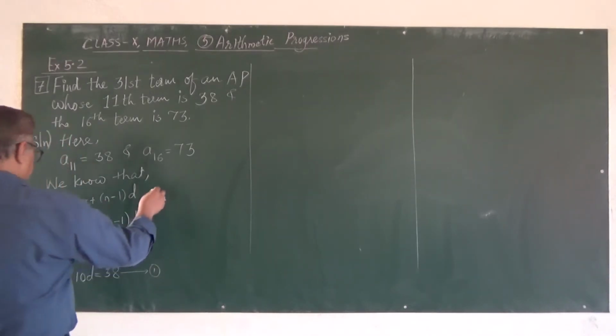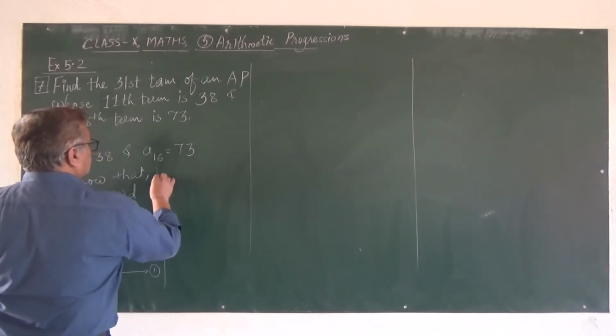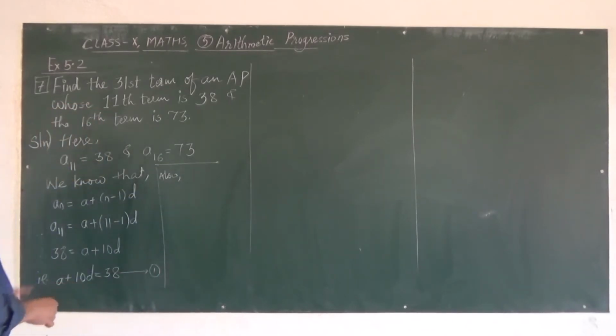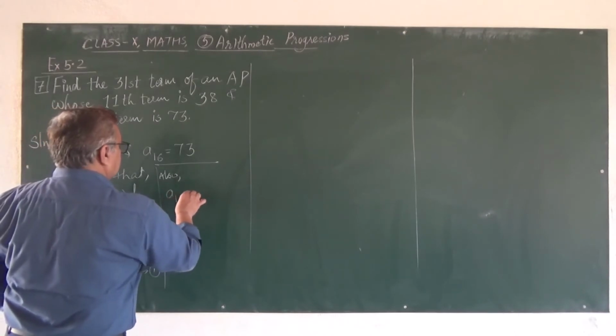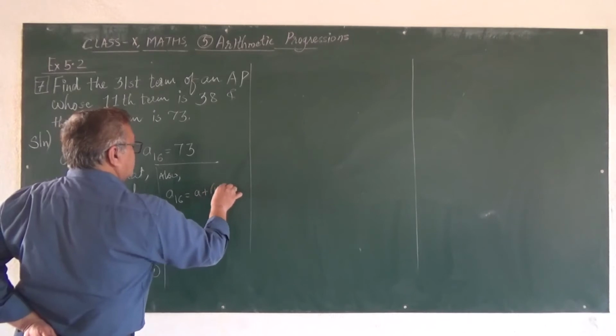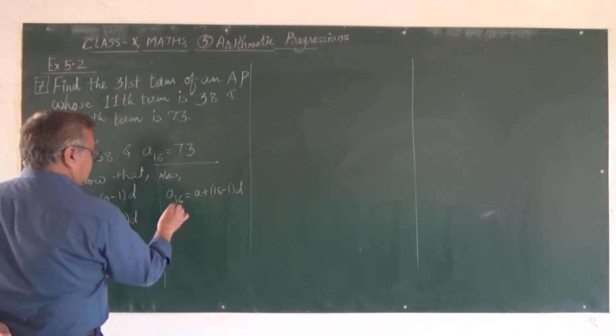Similarly, a16 is equal to a plus n minus 1 into d, where n is 16, so 16 minus 1 into d. The 16th term is 73.